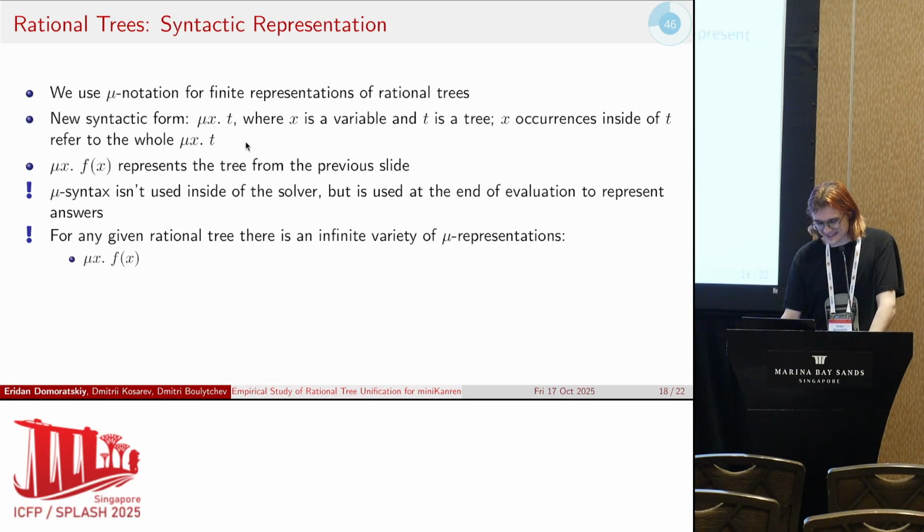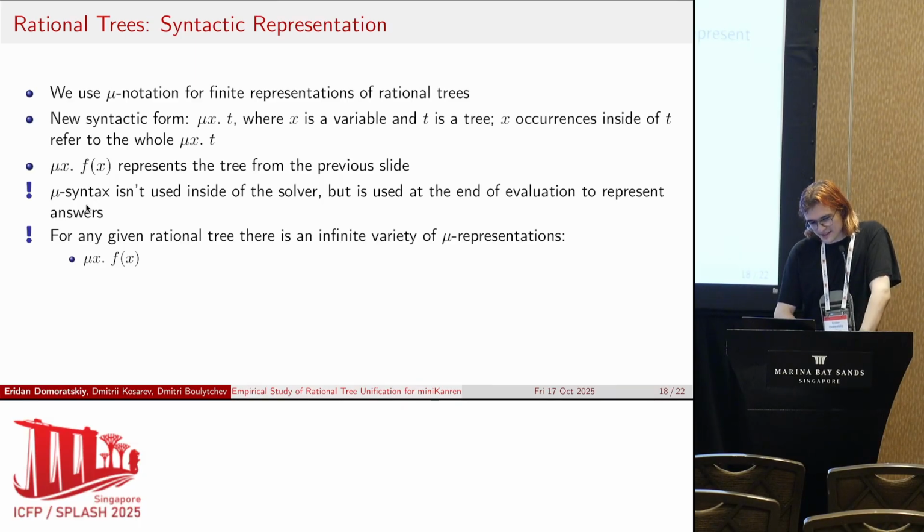It isn't. It's a different tree. Okay. Mu syntax isn't used inside the solver, but we need to use it to produce answers because it's the only way to represent rational trees as finite terms.